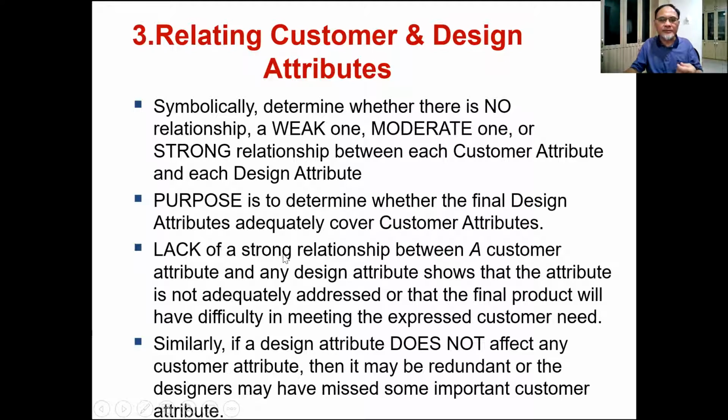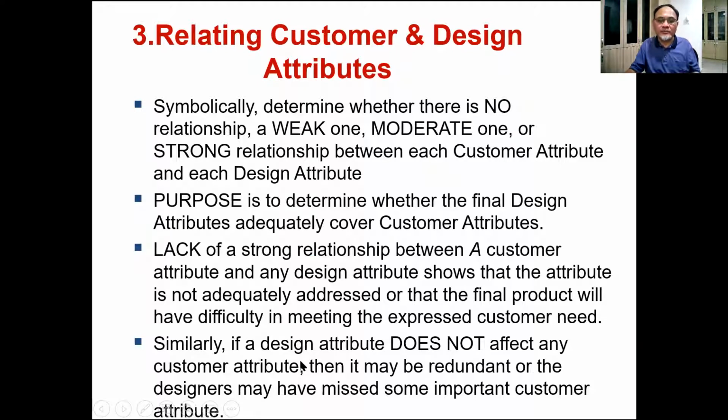There are points or numbers that we give for different levels of relationship, so that you will know which ones we need to focus on. A lack of strong relationship between a customer attribute and a design attribute shows that the attribute is not adequately addressed, or the final product will have difficulty in meeting the customer's need.